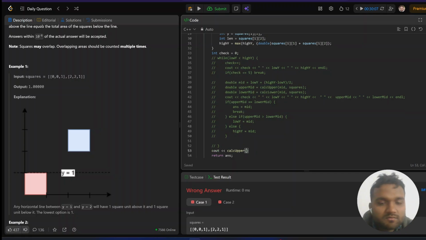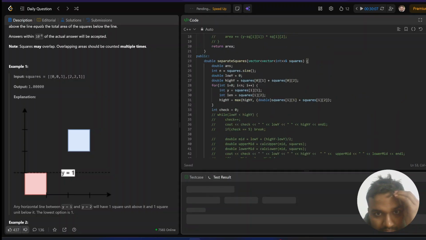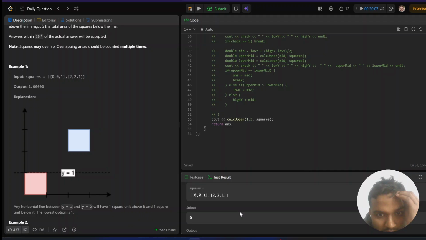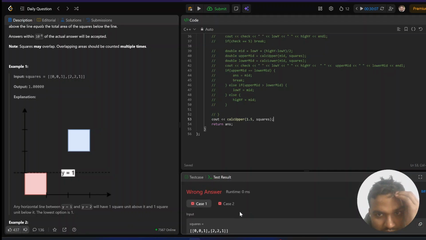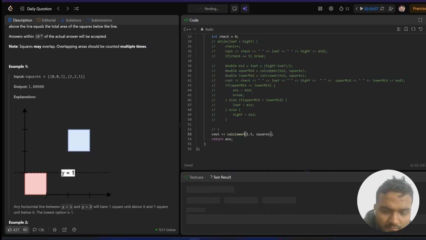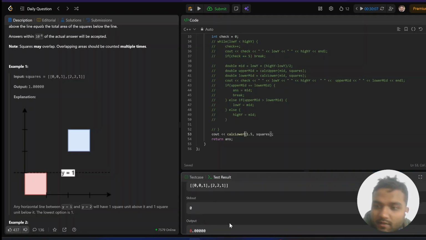Call this with 1.5. We are getting 0. Okay, we are getting 0.